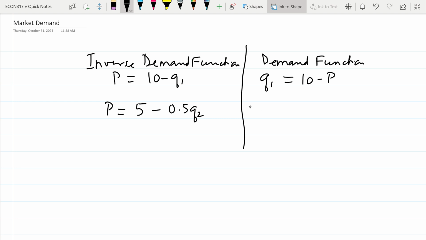It will go with a positive sign, so 0.5 Q2, and then I move P on the left to the right, so it goes with a negative sign, 5 minus P. I want Q2 only on the left hand side, so we can multiply both sides by 2 to obtain Q2. Q2 would turn out to be 10 minus 2P. So these are the two demand functions.